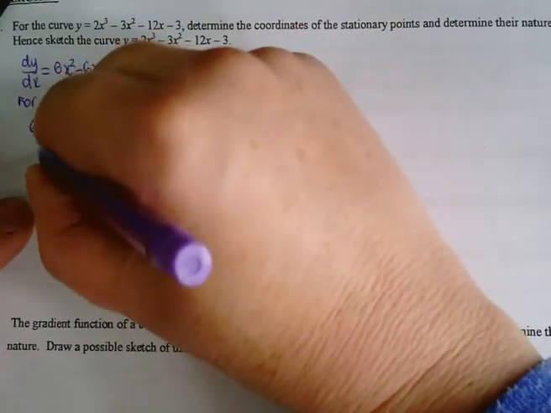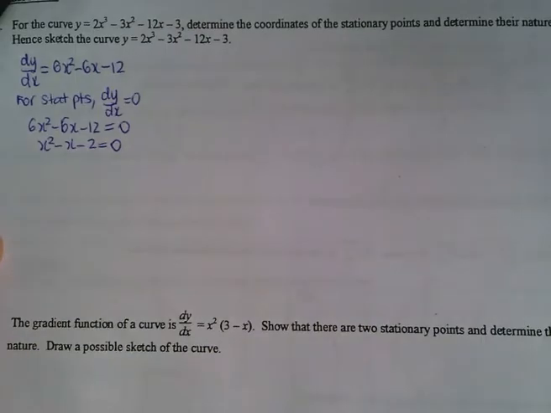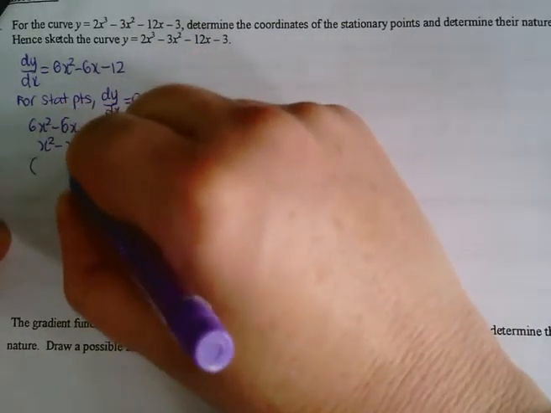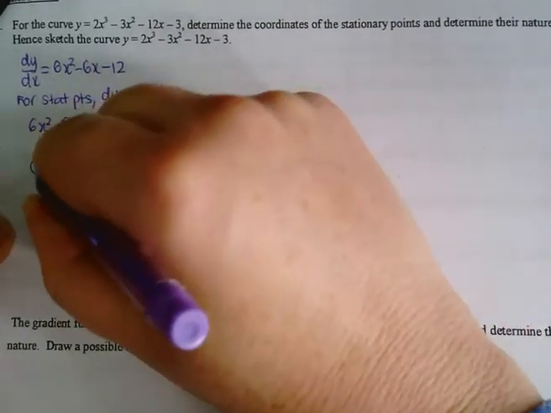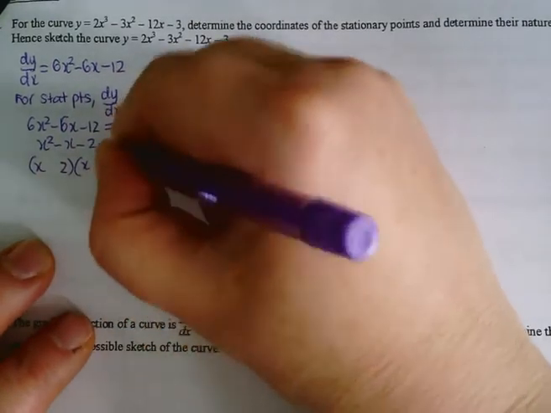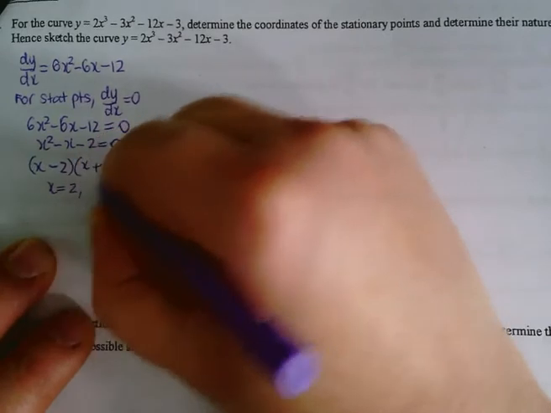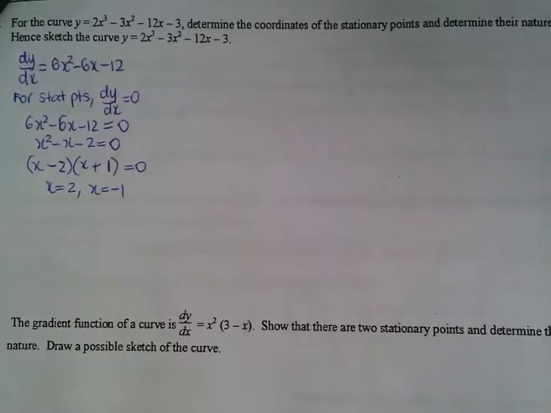Beautiful. Divide by 6. What do we do now? No, we're going to factorize. Two numbers that multiply to give negative 2 but add up to give negative 1. It's got to be 2 and 1. Think minus 2 plus 1. So x is 2 and x is negative 1. So we've got stationary points when x is 2 and when x is negative 1.